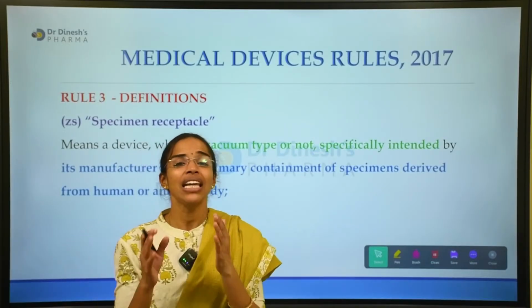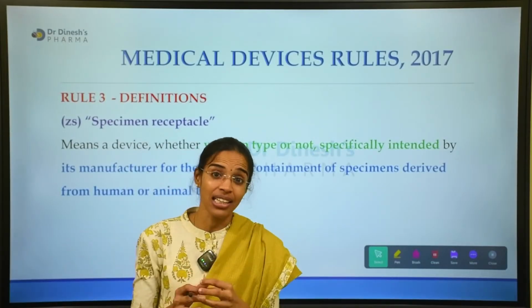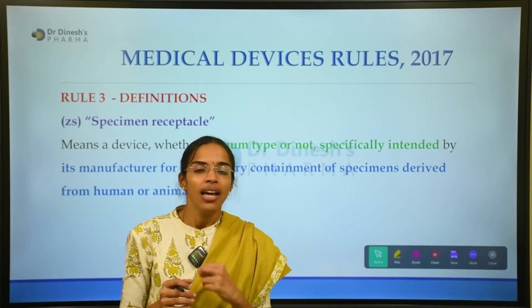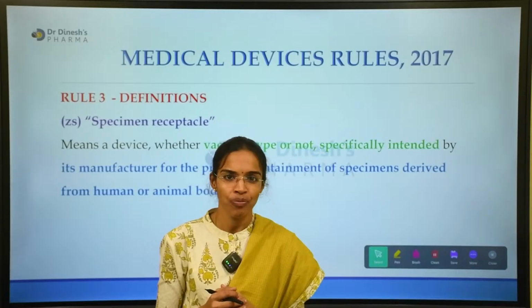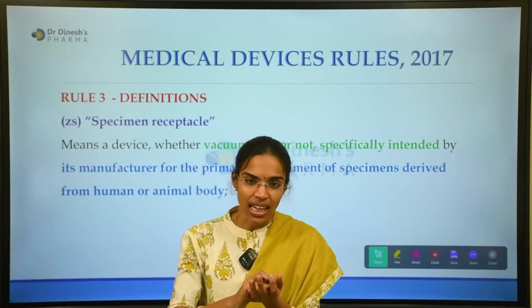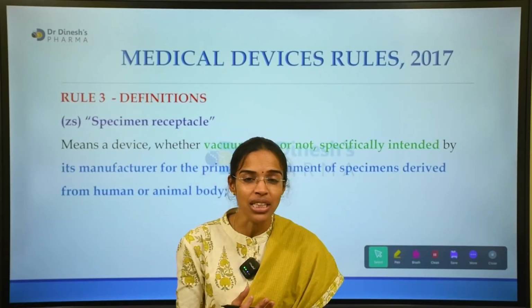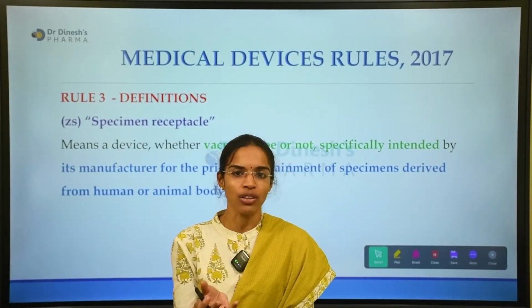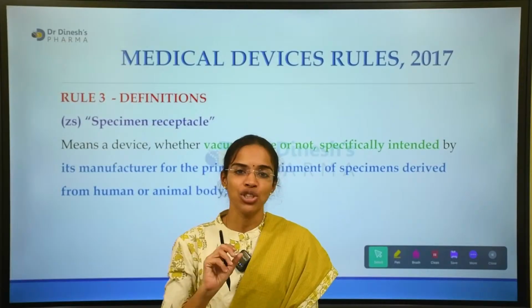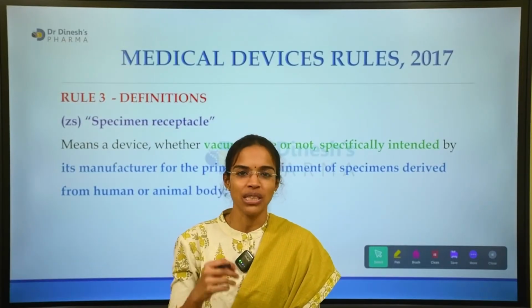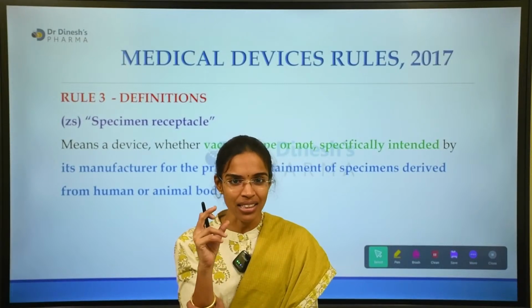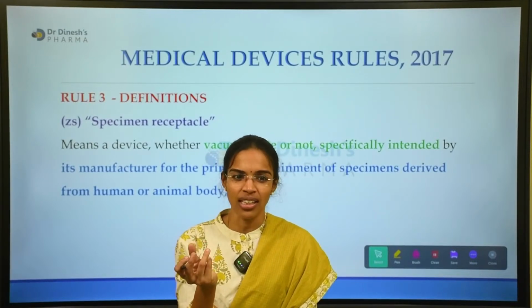A specimen receptacle is nothing but the primary immediate containment of the specimen, like some tissue. It is the receptacle containing any body tissue removed from a human or animal body for diagnosis, or any other specimen, like urine collection containers.